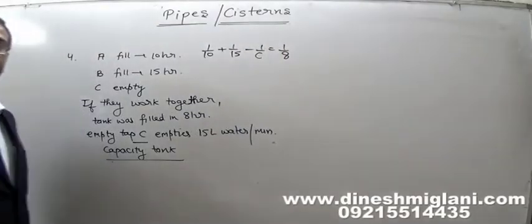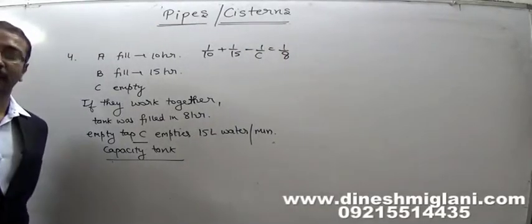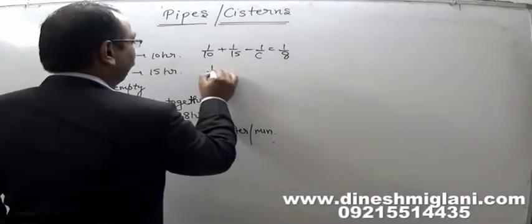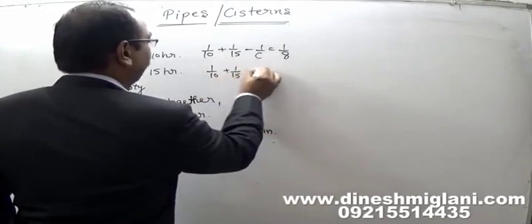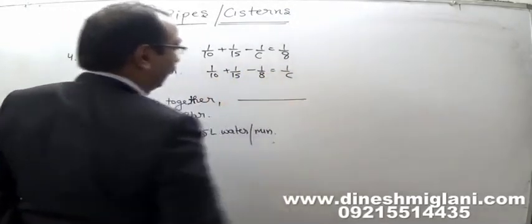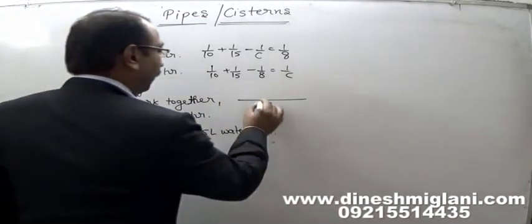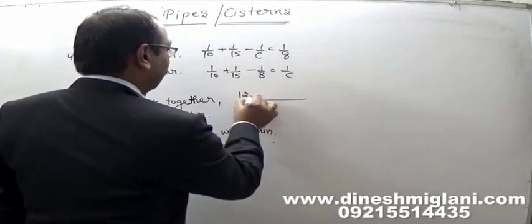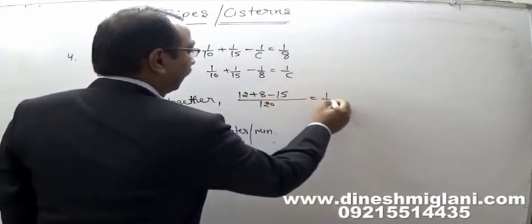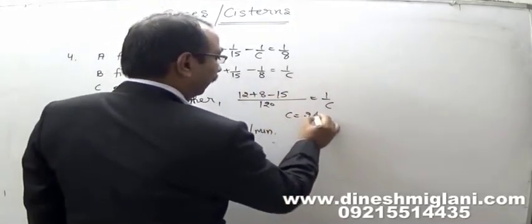So 1 by 10 plus 1 by 15 minus 1 by 8 equals 1 by C, from where I can find the value of C. Here LCM of 10, 15 and 8 is 120, so it should be 12 plus 8 minus 15, that is 1 by C. 12 plus 8 is 20 minus 15 is 5. So I can say that C would be 24.